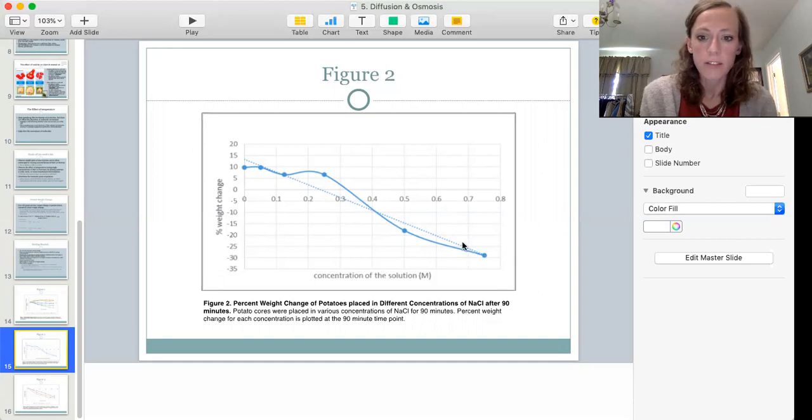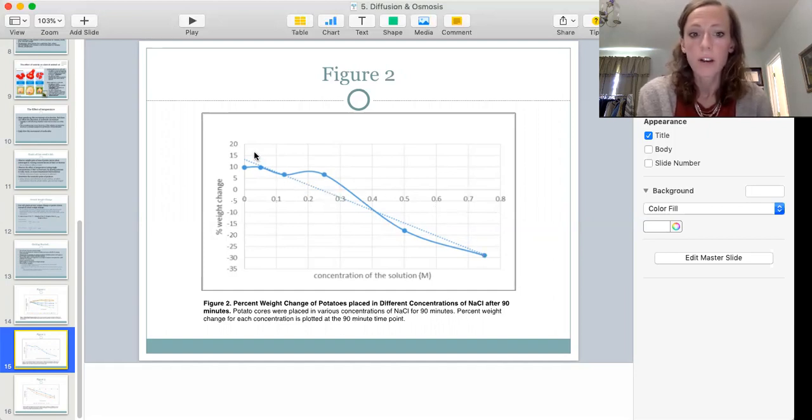So each of these data points indicates whether or not the potato core lost or gained weight. And what you should see is that with an increase in concentration, this is the concentration on our x-axis, with an increase in concentration of the surrounding environment, you're going to have more water moving out of the cell. So the potato weight will go down.